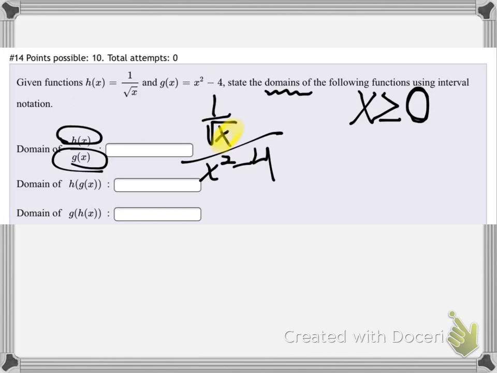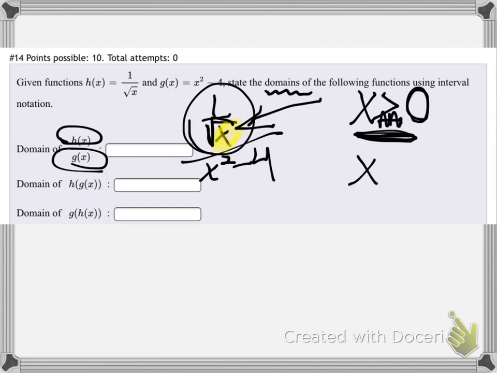Also, we know that I don't want this thing to be 0, because then the h part is undefined. So if I plug in a 0 for x, then we'd have the square root of 0 at the bottom, and the bottom would be 0. So now when we're talking domain, it's not enough to say that x has to be greater than or equal to 0, because now the equal to part won't work. So far we have the condition that x must be greater than 0. That's looking like our domain so far.